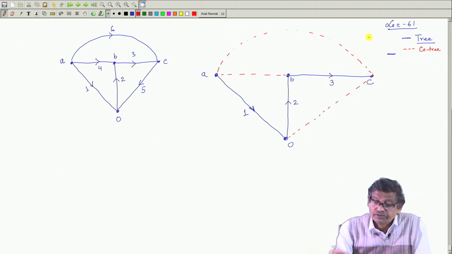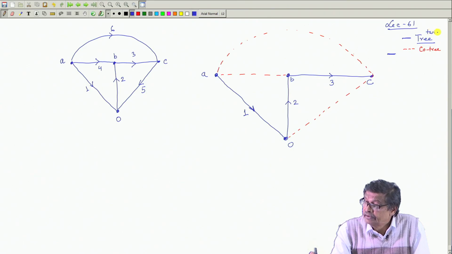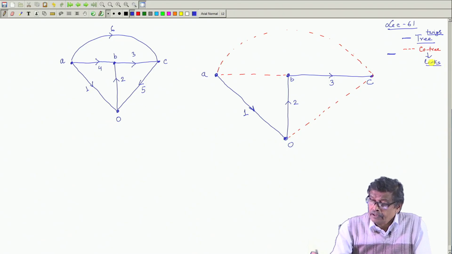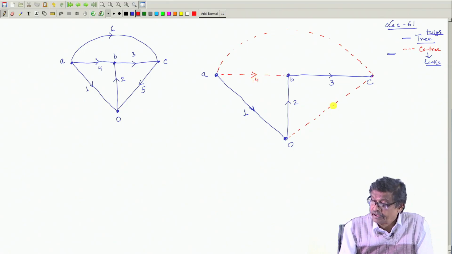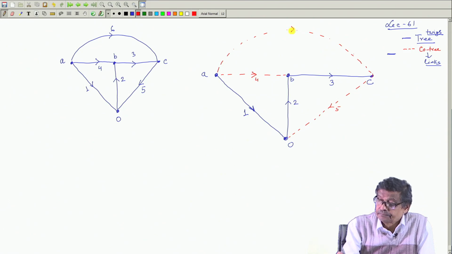Tree means twigs, those elements we call twigs, associated with the tree. Co-tree elements are links. How many links are there? Let me also show it here: this is 4, this is 5, this is 6.